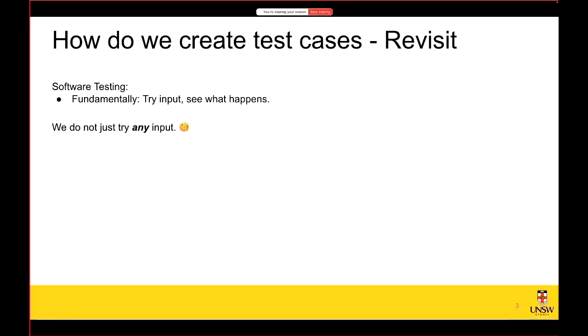But we are not trying any input. We are not trying all the inputs randomly, because the input space is very large. We have to have some well-designed inputs to trigger some special behaviors of the program, right?